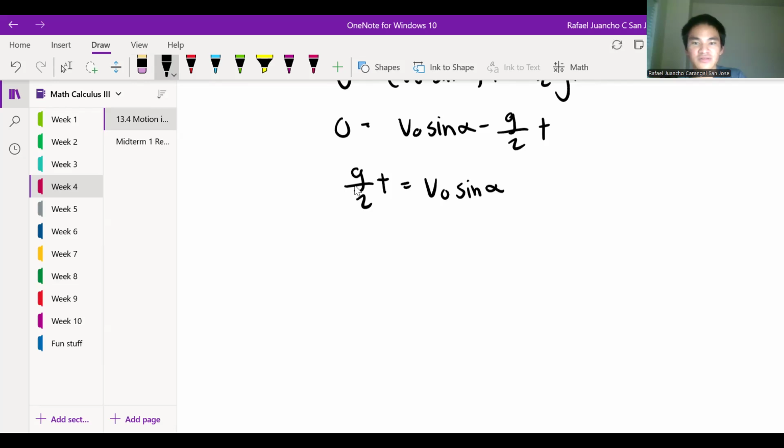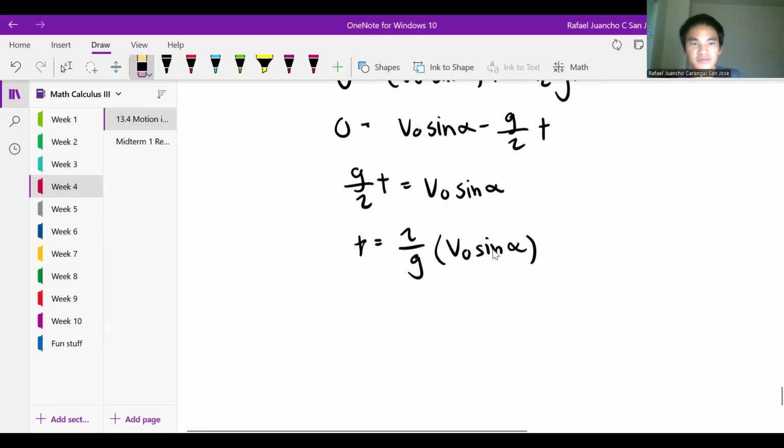And then from there, I could just multiply 2 over g to both sides. So that would give me t equals 2 over g times v naught sine alpha. So that's what it gives me.